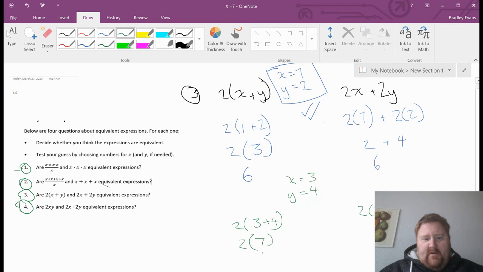Times 2 is going to be 14. 2 times 3 is 6, plus 2 times 4 is 8. That's also 14. So these two expressions are equivalent. We could go on and try 2 other numbers. However, I can see by the distributive property that 2 times x plus y is the same as 2x plus 2y. And you'll learn a little bit more about that in the upcoming lesson 6.6a.